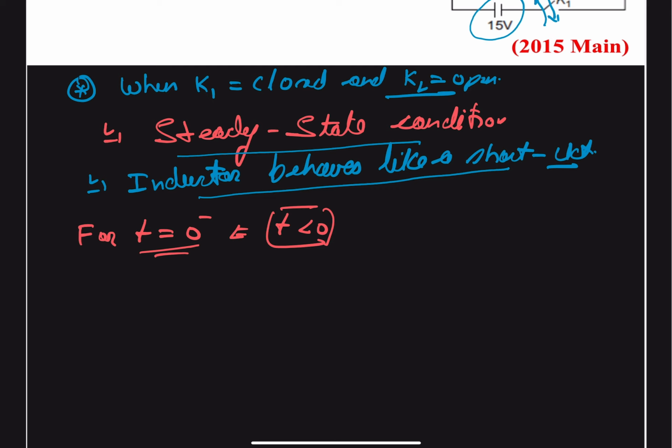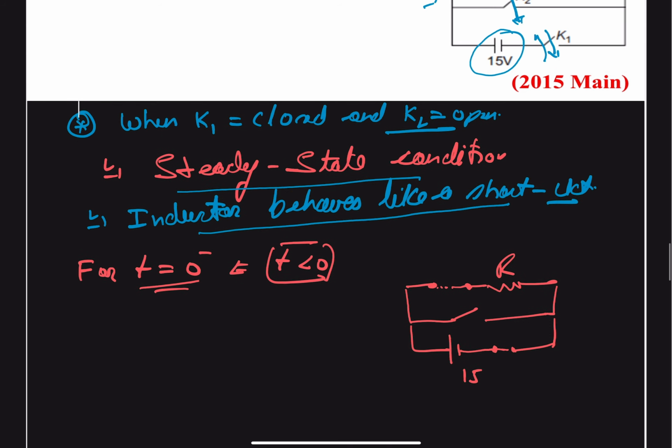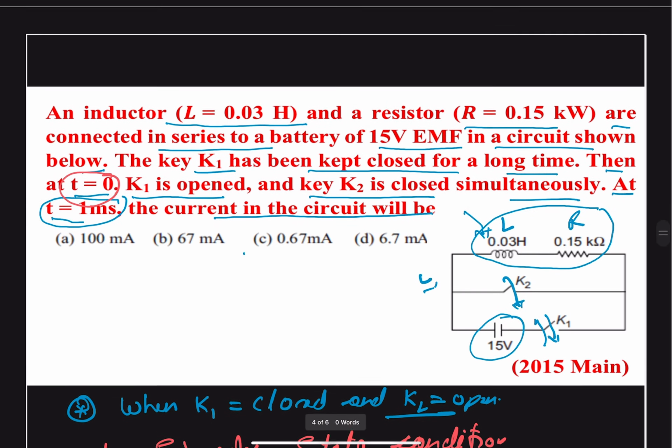Let me draw the figure here. So this is our inductor, which is going to behave like a short circuit, and we have a resistor. This is open, and we have a battery, and we have our K1 which is closed. So therefore we can find out the steady state current. EMF is given as 15 volt and the value of resistance is given to us as 0.15 kilo ohm.